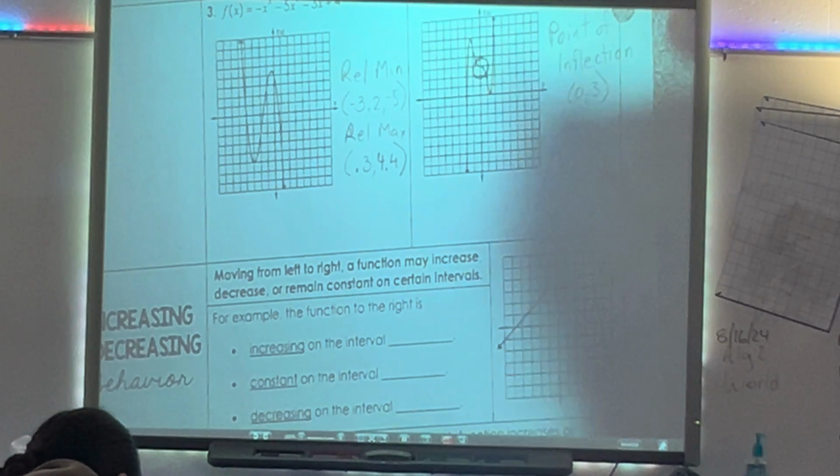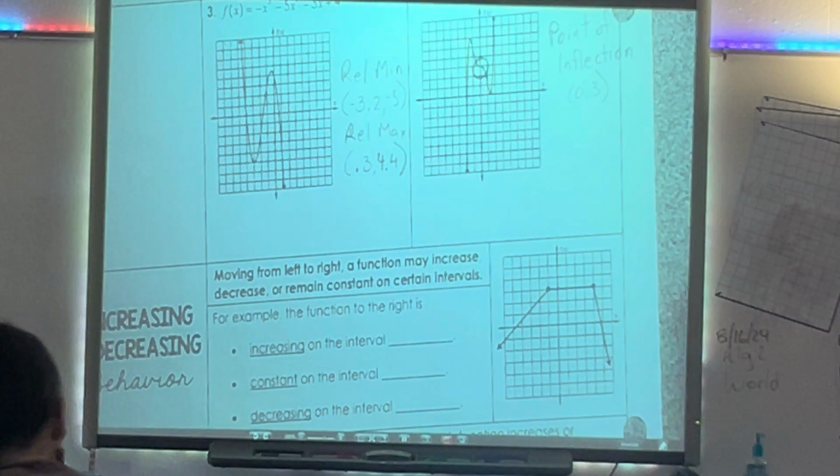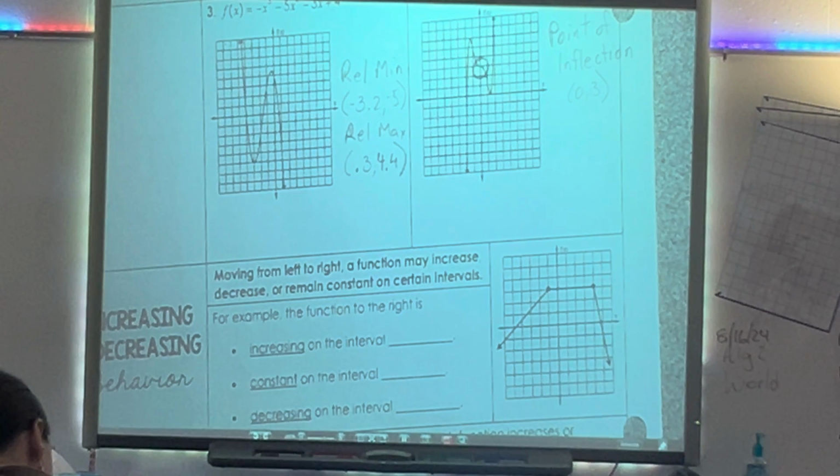Normally we would find that in your calculator, going through the same process. You can still use the minimum or the maximum, and it'll still help you find it. Everybody okay with that? Those don't happen real often.